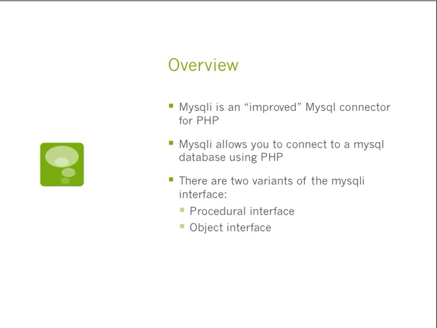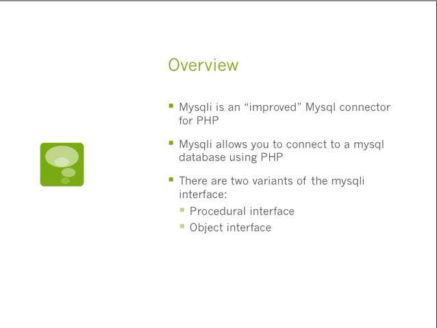Now if you look at the text that this material is based on, that's part of the assigned reading, it describes both. In this lecture I'm only going to be describing the object interface. There's also a chapter on object-oriented PHP, which is actually very simple, and I would have you take a look at the text for that in order to get caught up with it.